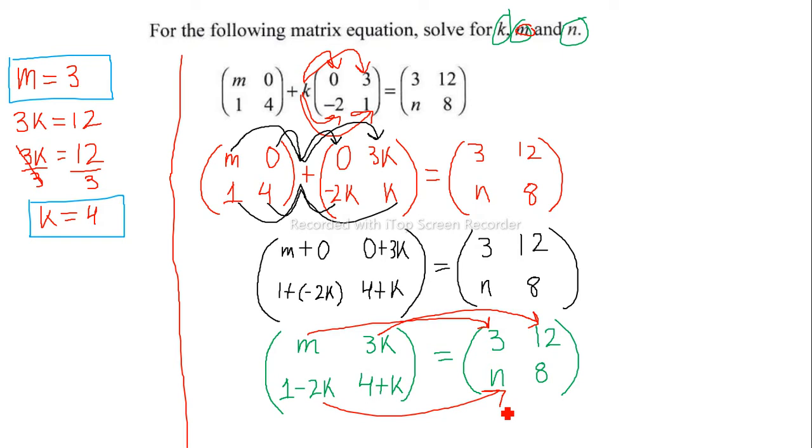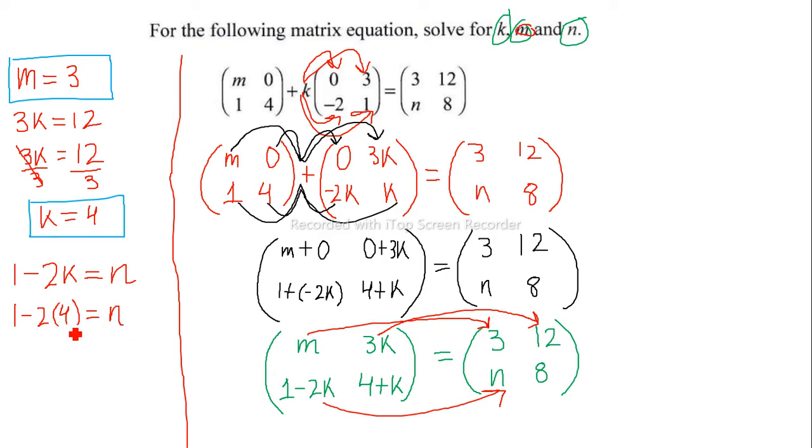So 1 minus 2k equals n. Now remember what we said k was? k is 4. So we have 1 minus 2, open bracket, 4, close bracket, equals n.